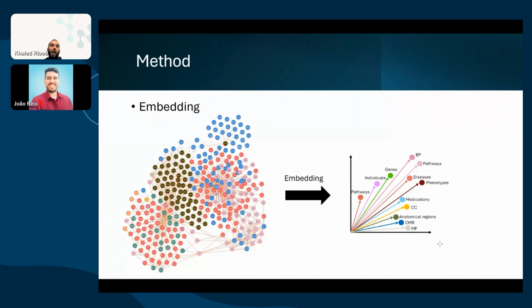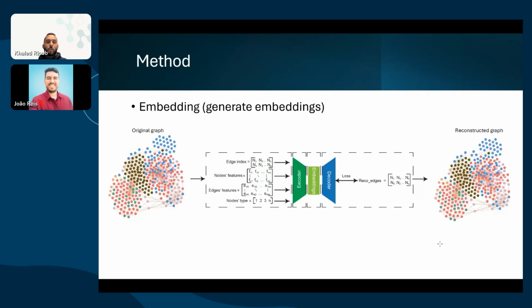And to do downstream tasks, such as predicting new links in the knowledge graph, we converted the knowledge graph from the high dimensional representation into a low dimensional representation using an embedding algorithm. We didn't use the traditional embedding algorithms such as Node2Vec or TransE, because those embedding algorithms do not take into account the properties on the links and the properties inside the nodes.